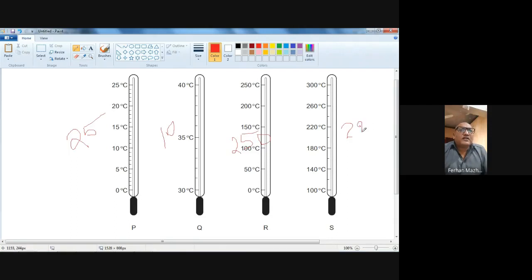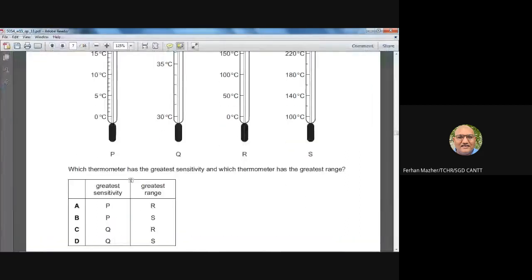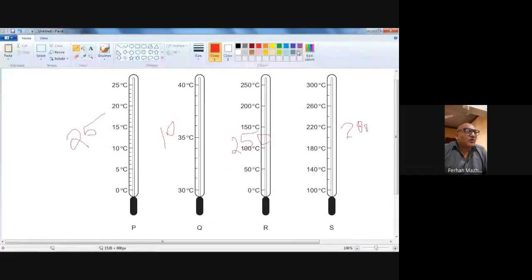So we are looking for the most sensitive. This is 200. Very difficult to write 200 with the mouse. So what was the question actually? Let me check the question. Greatest sensitivity and the greatest range. The greatest range here, R has the greatest range, and the greatest sensitivity will be in that thermometer, because all the thermometers have the same length.